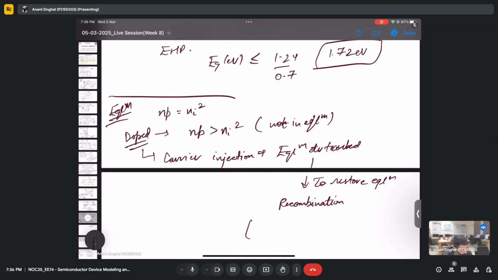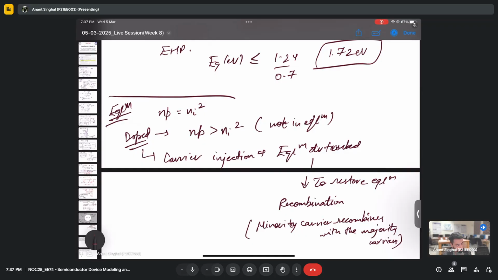So the minority carriers recombine with the majority carriers. We'll see an example. What does it mean? This is straightforward.